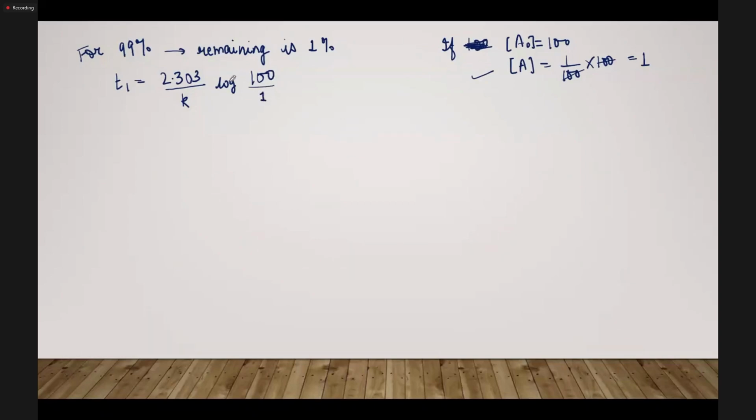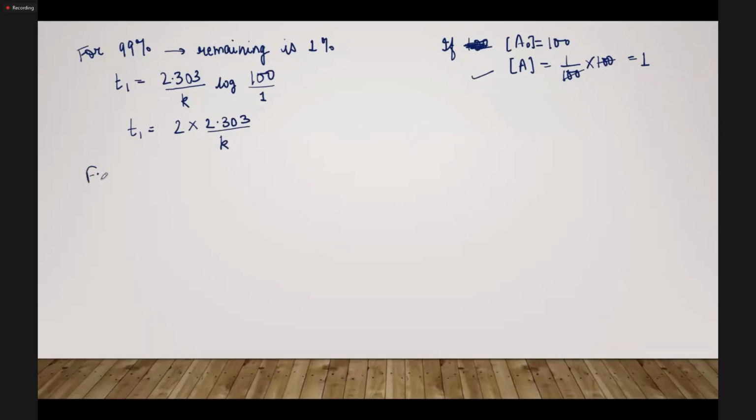Basically you need to find log 100, which is 2. So this will be 2 into 2.303 by K. In terms of K this is T1.